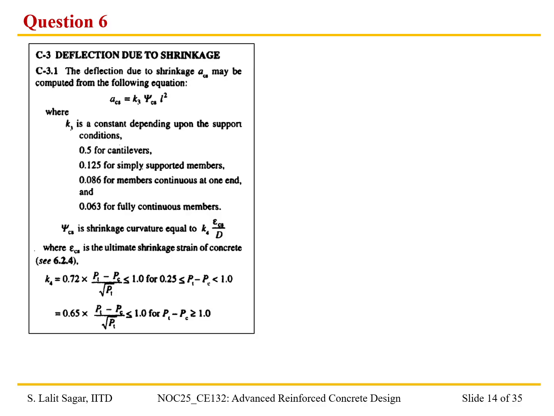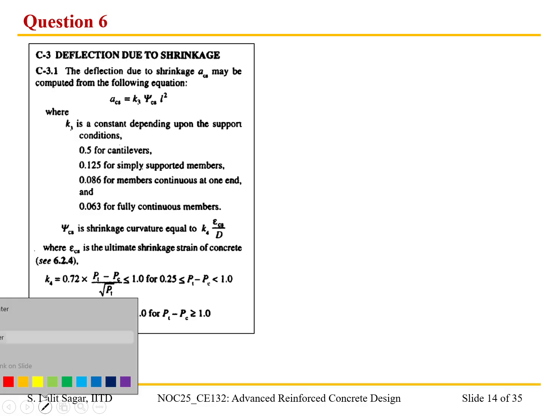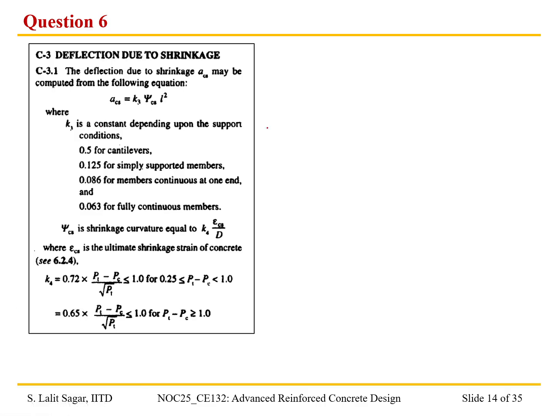Here we have the expression for the deflection due to shrinkage. We know that a reinforced concrete member can undergo shrinkage over time due to the loss of moisture and other environmental parameters. So this delta CS is given by K3 into psi CS into L square.